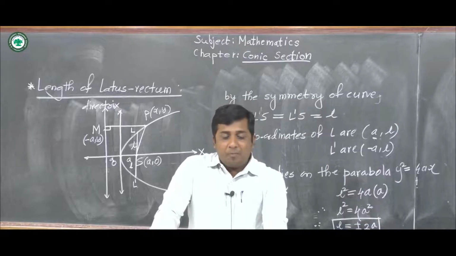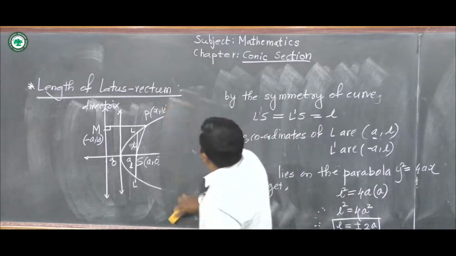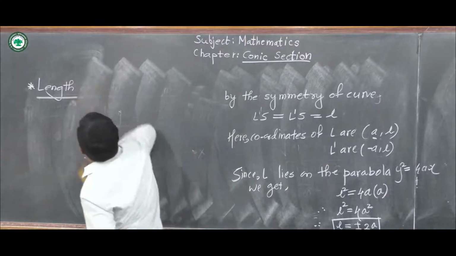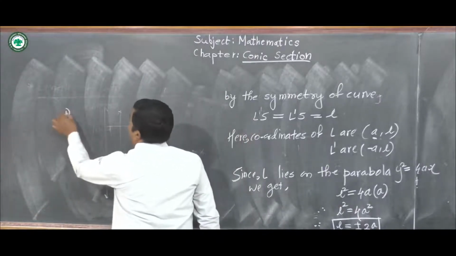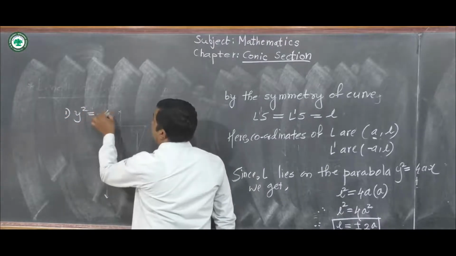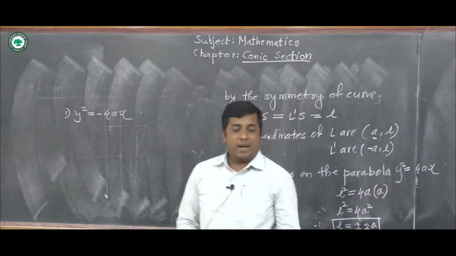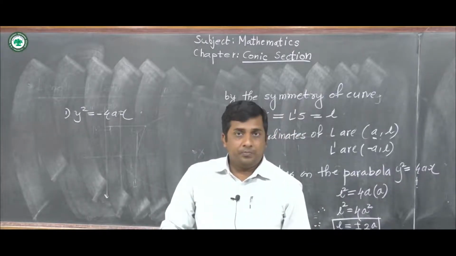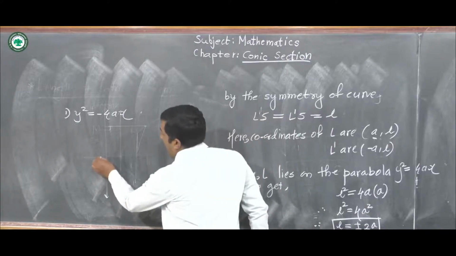Here we have some other standard forms of parabola also. Let's define these standard forms. First is y square is equal to minus 4ax. Here again, to define this parabola, we consider one point.